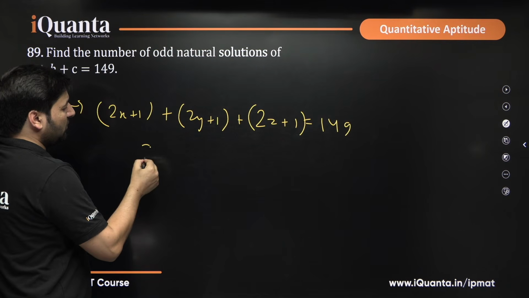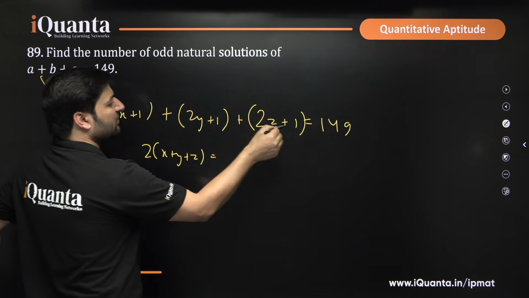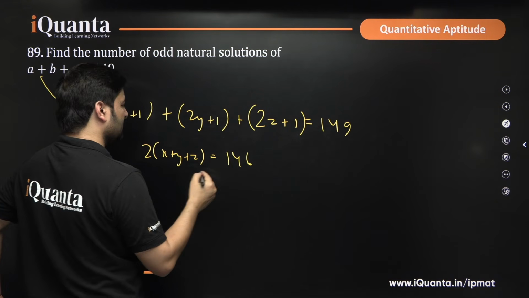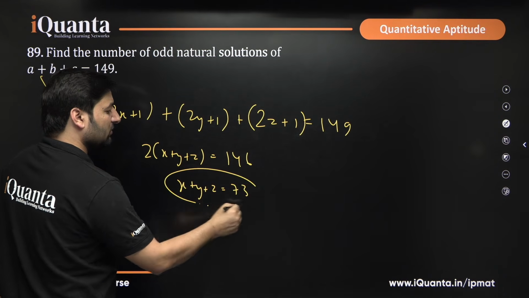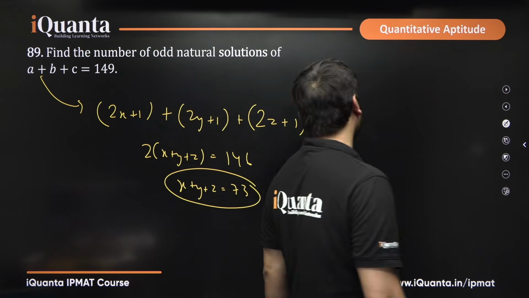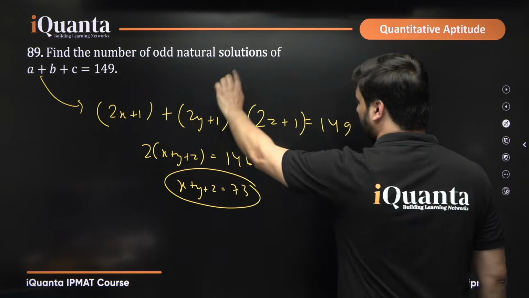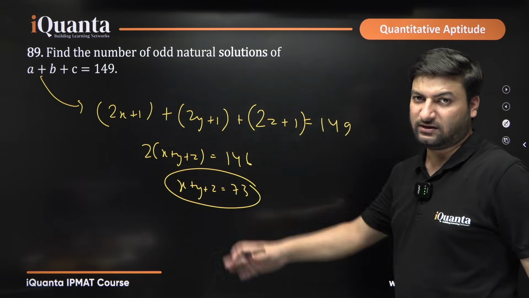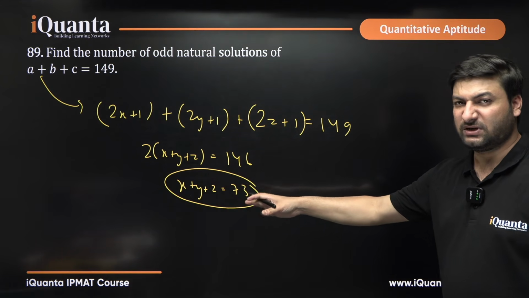Now 2 times x plus y plus z should be equal to 149 minus 3, which is 146, x plus y plus z is 73. Is 0 allowed? X plus y plus z 0 allowed? Yes, because if you put x equal to 0, you are going to get 1 and you needed odd natural numbers. So x, y, z 0 are allowed, because even then they are becoming odd natural numbers. You can find out the non-negative integral solution of this, n plus r minus 1 c r minus 1.